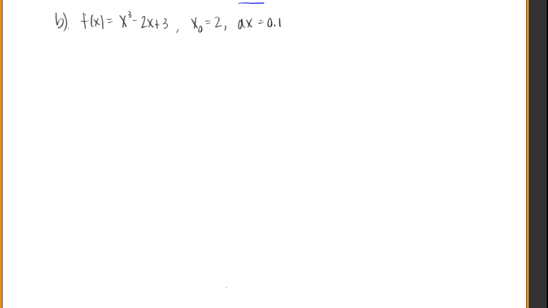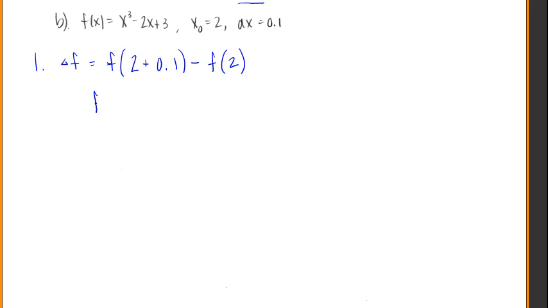Okay, so part B, we're going to do the same process again. Let's do part 1. So part 1 is basically saying we want to find just the change in the function, which is going to be f, the function evaluated at x naught, so 2 plus the change, make sure I write it as 0.1 this time, and then minus the function evaluated at our x value at 2.